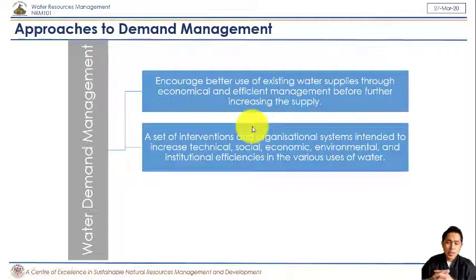What we can also do is ask institutions which are dealing with water to come up with efficiency policies, regulations, and efficient materials which will actually demand less water, so less water has to be supplied.